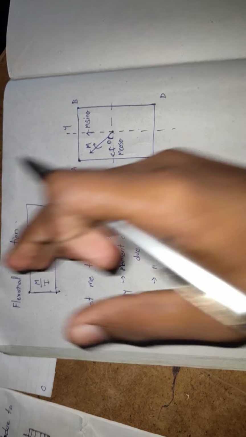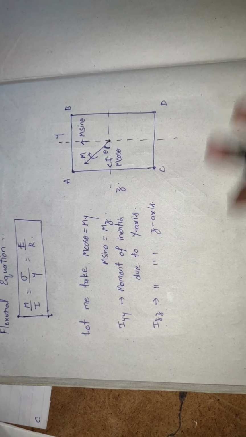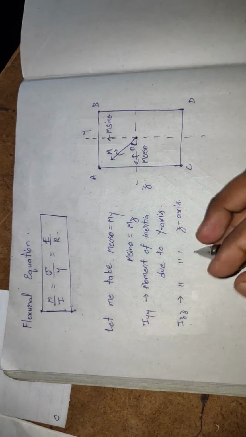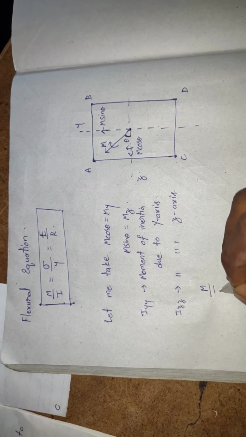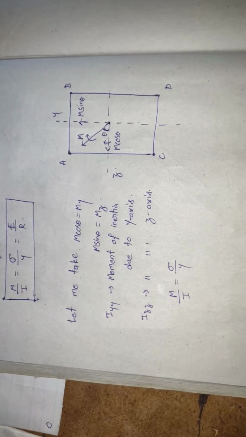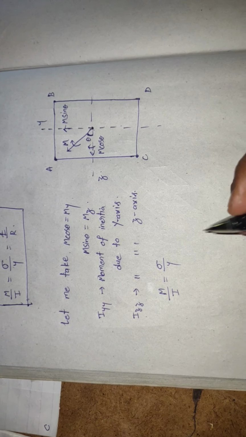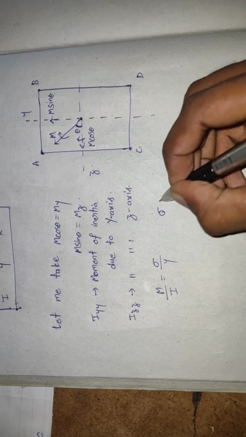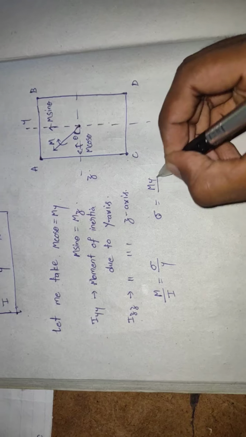Now by using the above equation, we take M by I equal to sigma by y, that is the relation. We have to find the stress value, that is sigma is equal to M y by I.